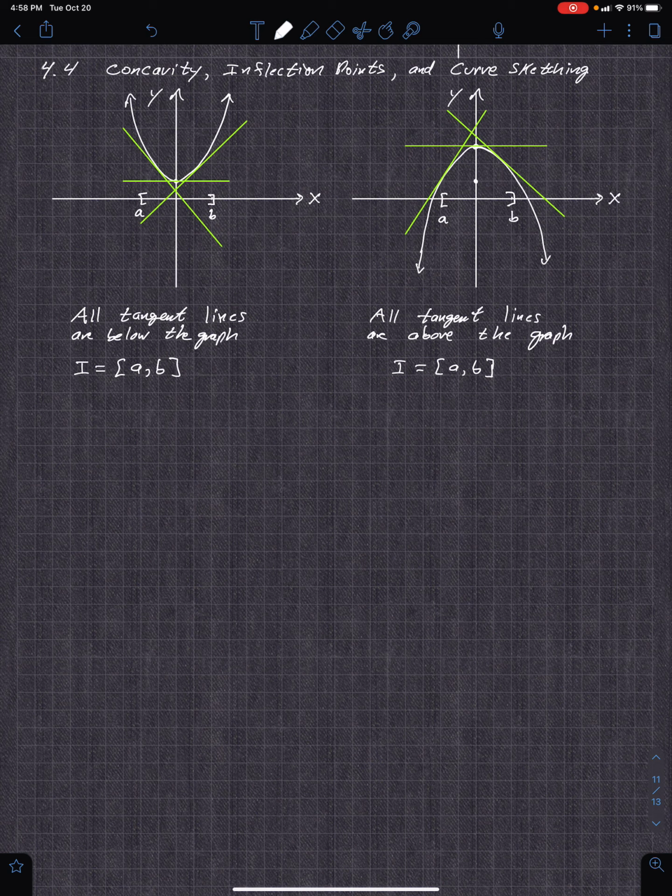So the next thing to describe this is that the derivative f prime is increasing. f prime is increasing, not f necessarily. f prime is increasing on the interval.